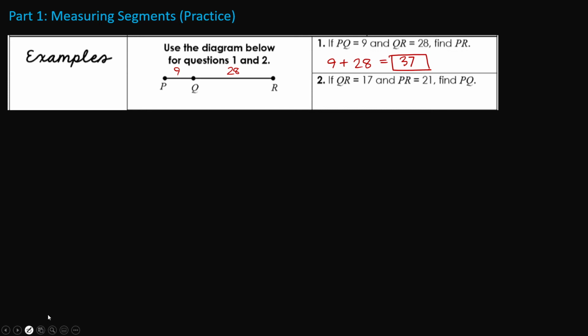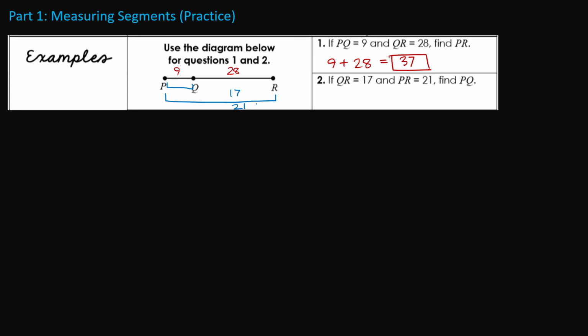Let's do another color here. If QR equals 17 and PR equals 21, we need to find PQ. So if QR is 17, if this part is 17, and if PR, the entire segment, is 21, we need to find PQ.